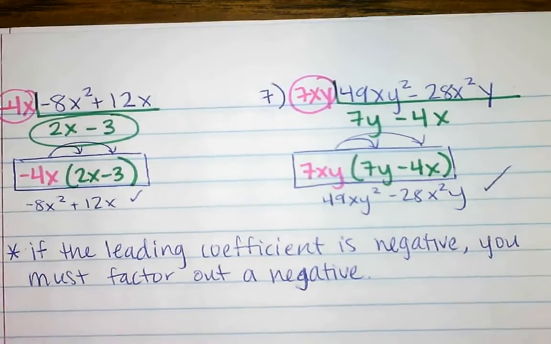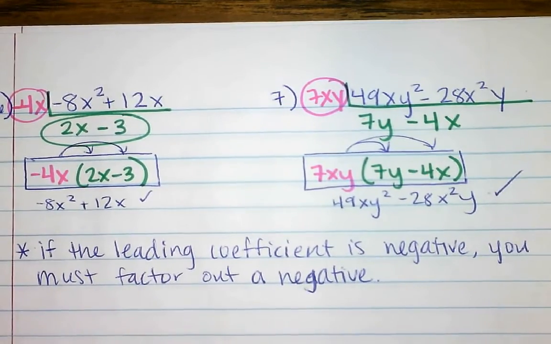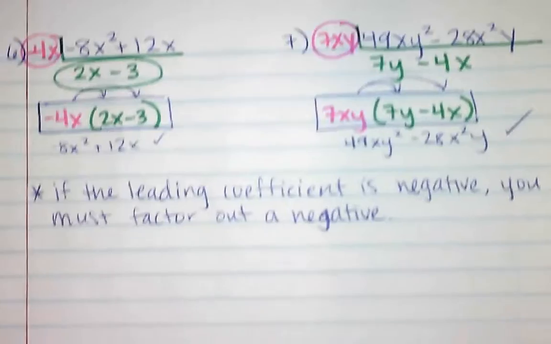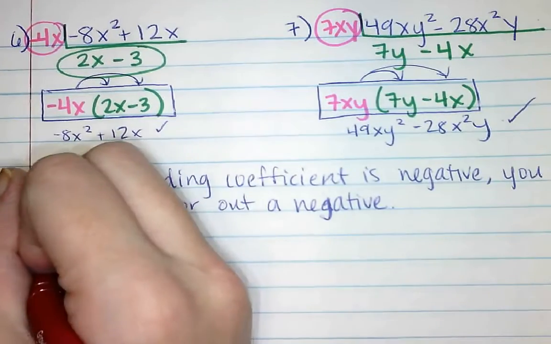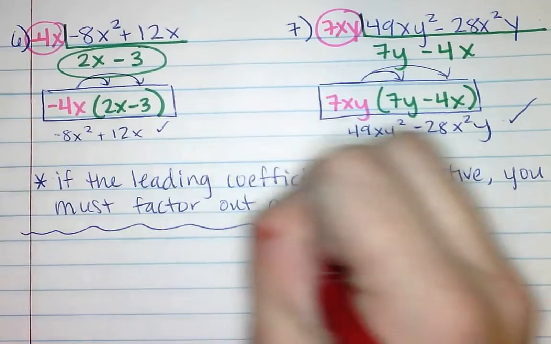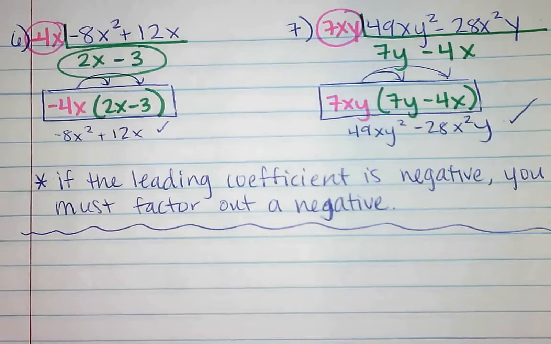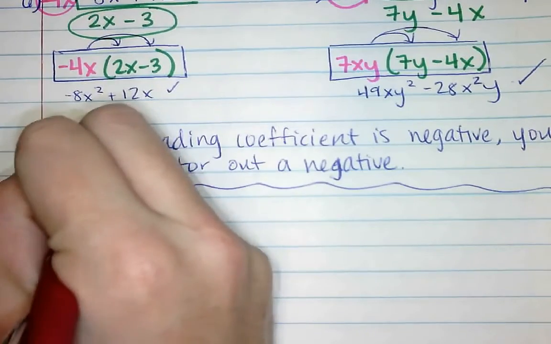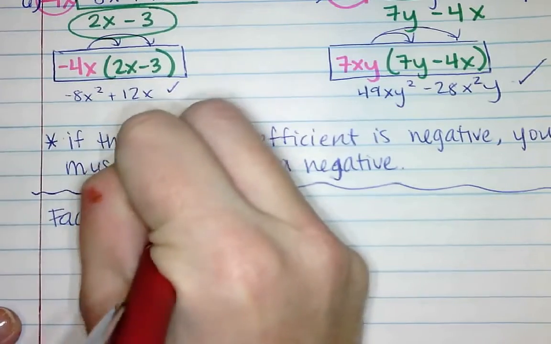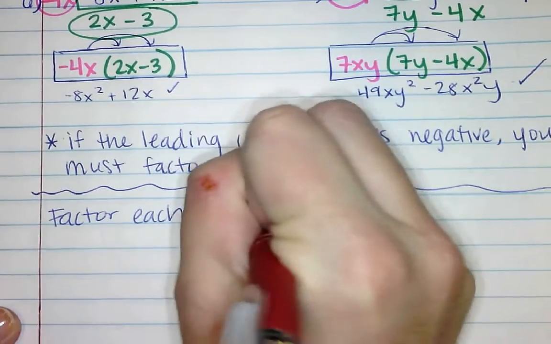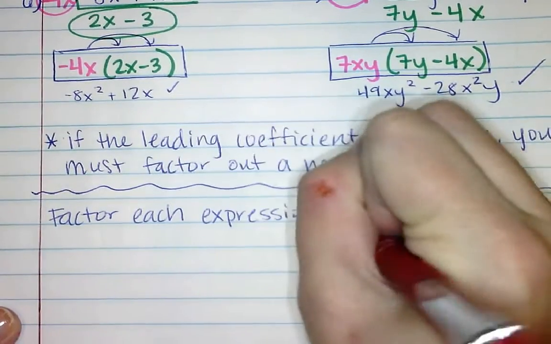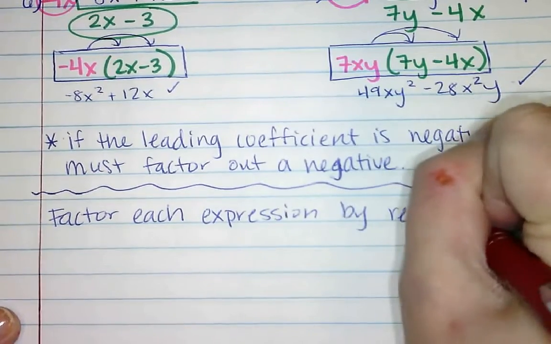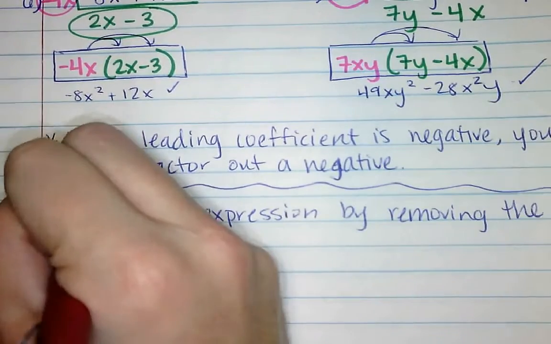All right. So now, guys, we are going to talk about what it looks like to factor out a binomial. Okay? So we are going to factor each expression by removing the common binomial factor.